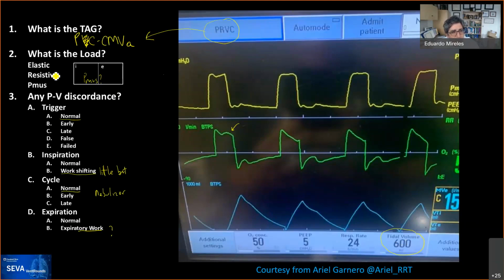In terms of what is the load, here is where you have to look at different waveforms, Samir, when we're going through this. So in the first waveform, you have pressure control, and you see that the normal decay of a waveform should look like this, right? And instead of looking like this, the inspiratory time was set probably around 0.7 seconds, based on what I can see.